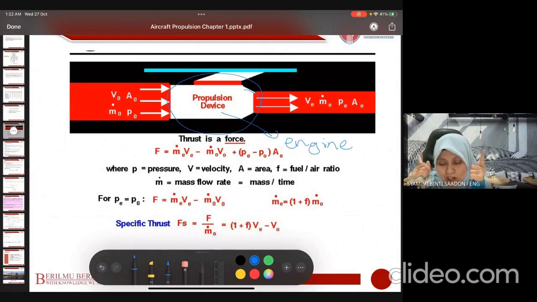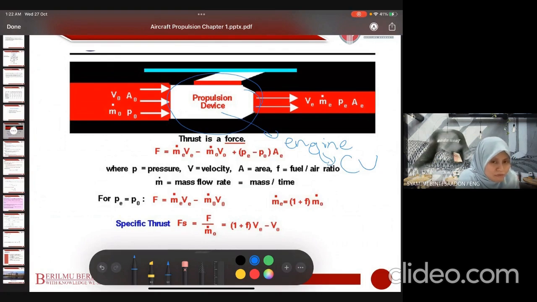So that's why we need to learn about the closed system first. Our control volume is the closed system. So we have to analyze the control volume. We look at the mass, the heat transfer in and out, the energy transfer in and out of our control volume, the system, which is the engine, the propulsion device.